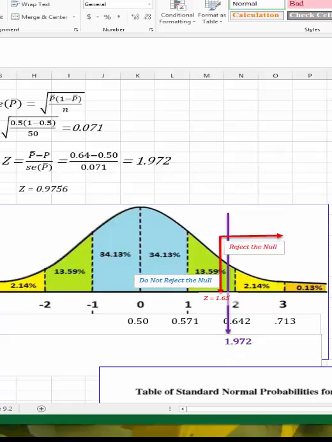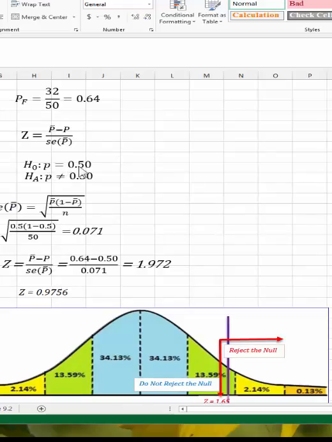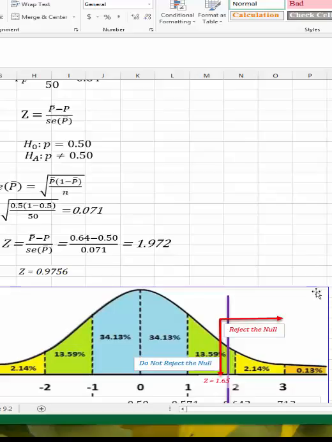The null we stated right here: p is equal to 50%, the assumption that our population is no different than the normal population. What we're trying to do is show that the alternative is actually true, which is p is not equal to 50%. So because we are able to reject the null in this case, the alternative is correct.